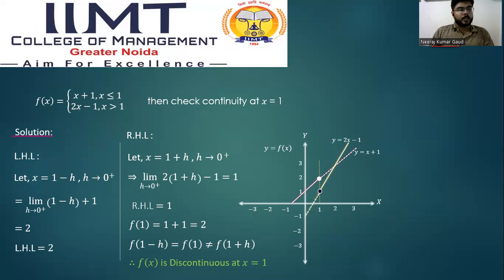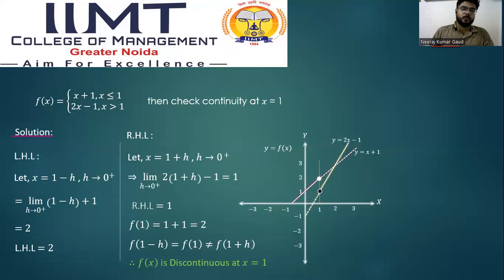So RHL, limit x tends to 1 plus h, h tending to 0 positive. Limit h tends to 0 positive 2 times 1 plus h minus 1, which is equal to 1. Therefore, RHL is 1. So f of 1 will be 1 plus 1, which is 2.